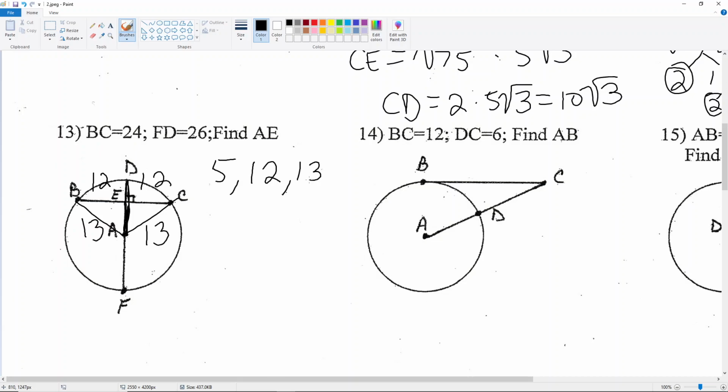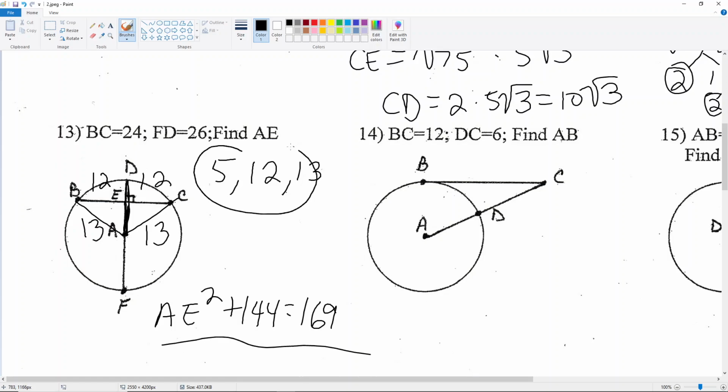You could also use the Pythagorean theorem: AE squared plus 12 squared, which is 144, equals 13 squared, which is 169. And you can finish that. I don't know if your teacher wants to see work. By the Pythagorean triple, 5, 12, 13, AE is 5.